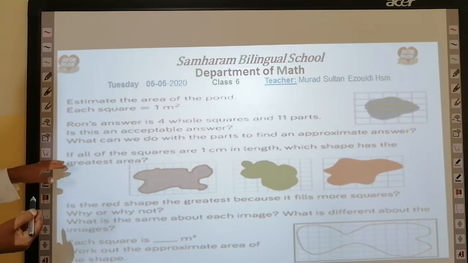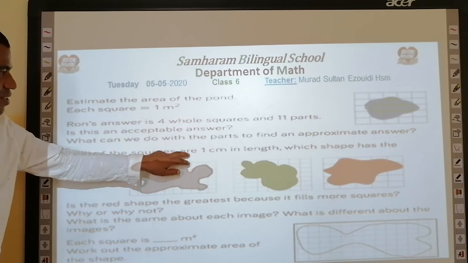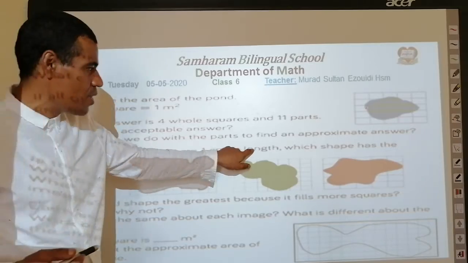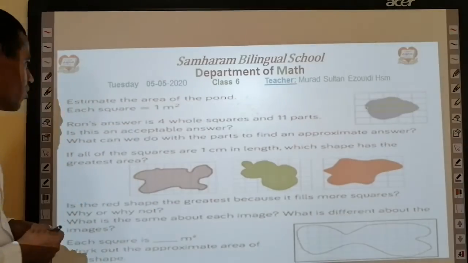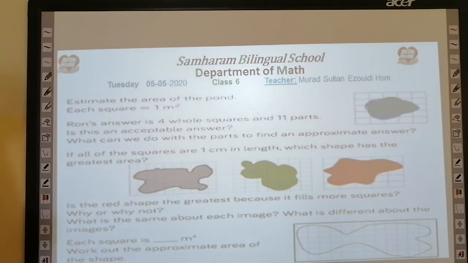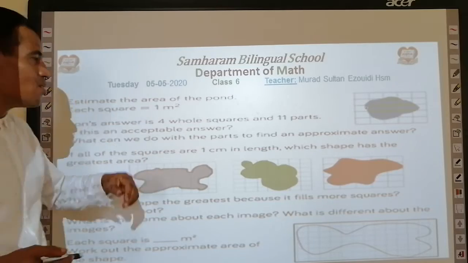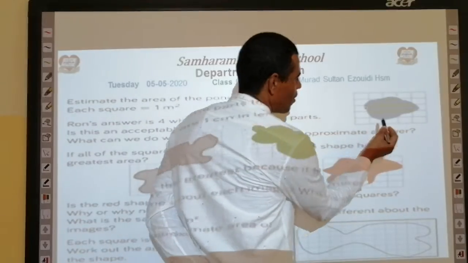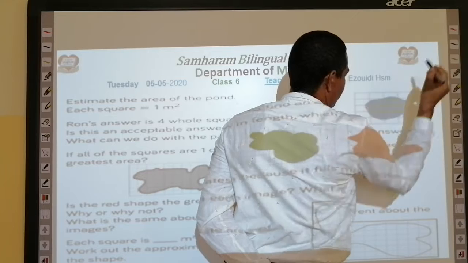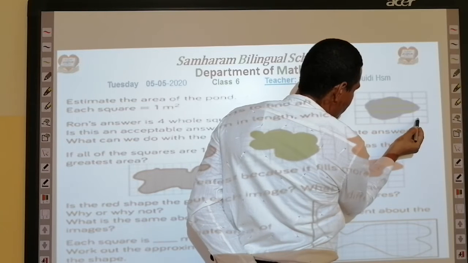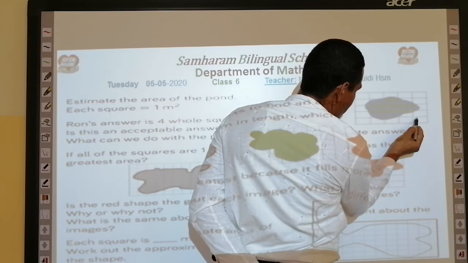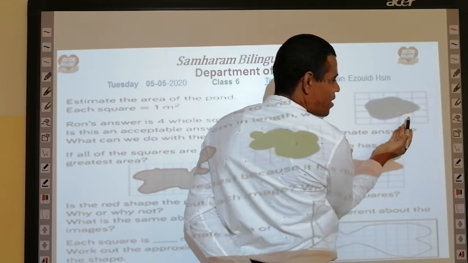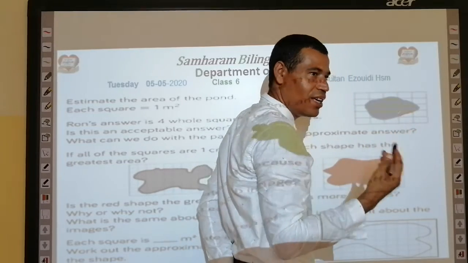If all of the squares are 1 centimeter in length, which shape has the greatest area? Let's do this one for example. This one, my learners, you can see is less than a half square, so neglect it.